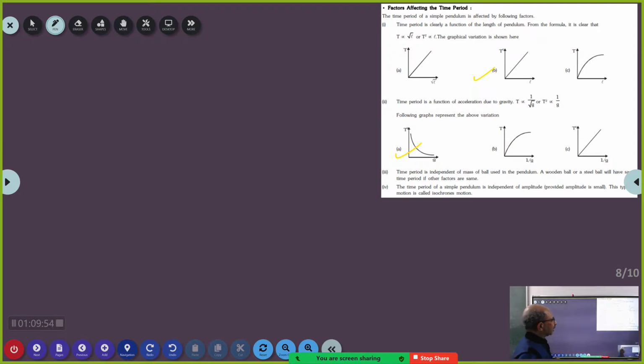Okay. Yeah, in this case, correct. Here T is proportional to 1 by G. T to 1 by G, then you are going to get it like this.